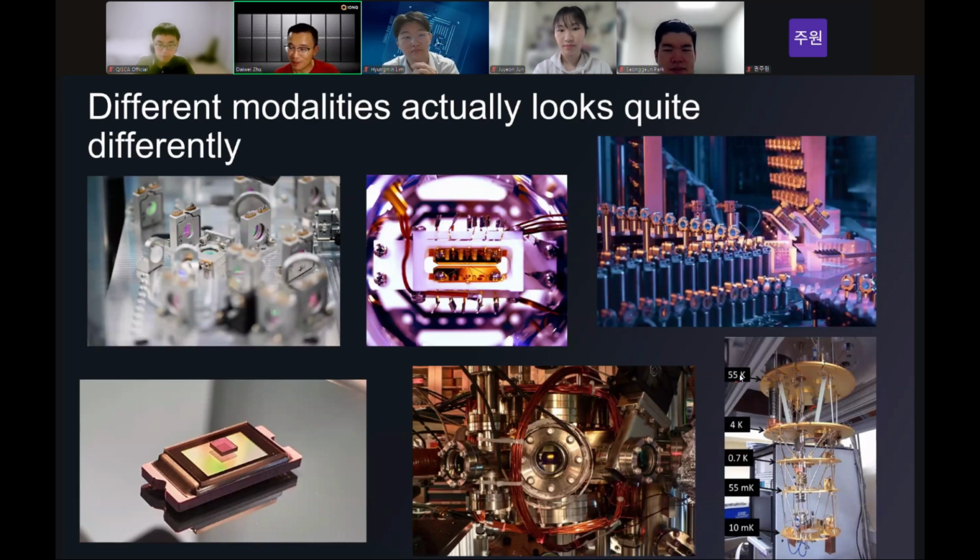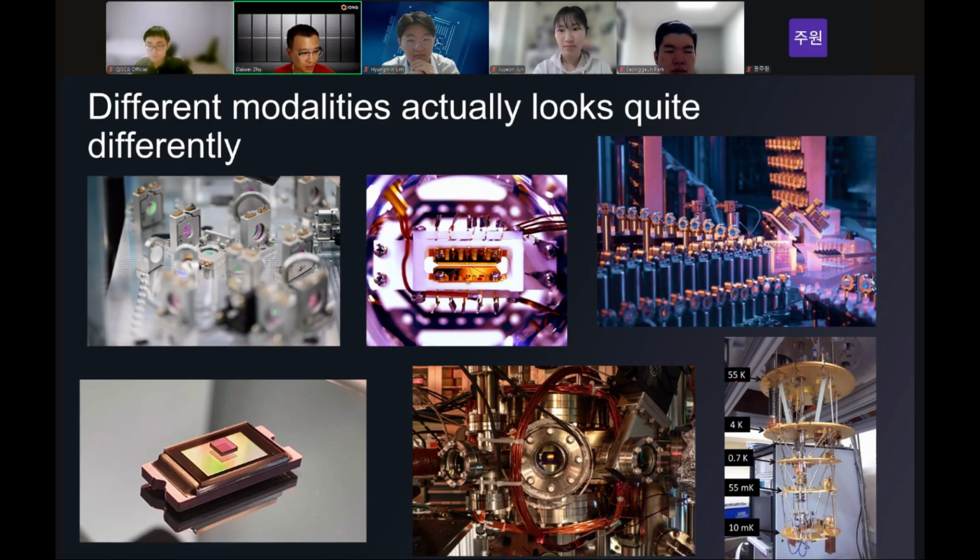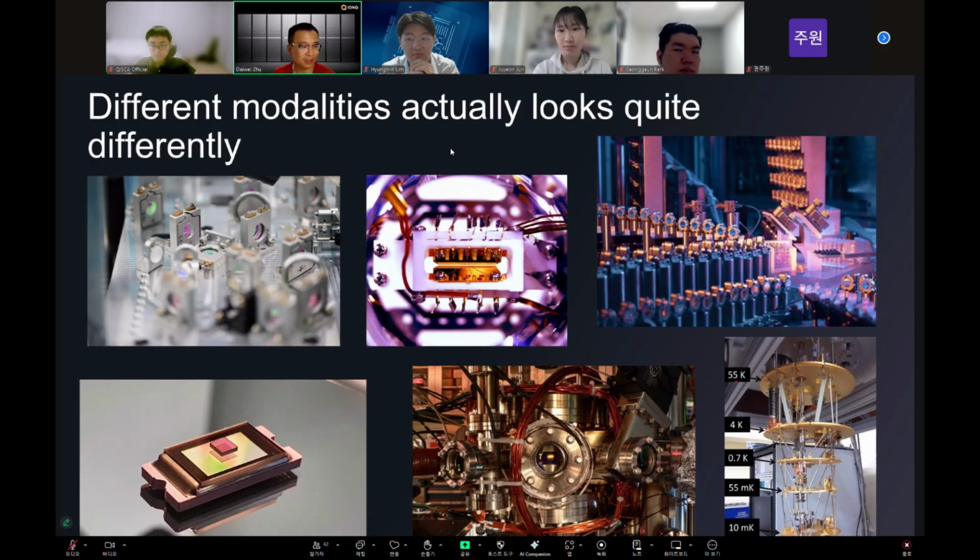If you open one of those black boxes up and look inside, you will see all different kinds of architecture, very beautifully different. For example, let me see if I have my laser pointer. Okay. On the left side, this is an ion trap.